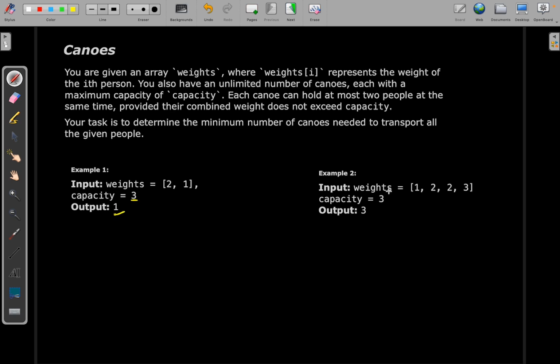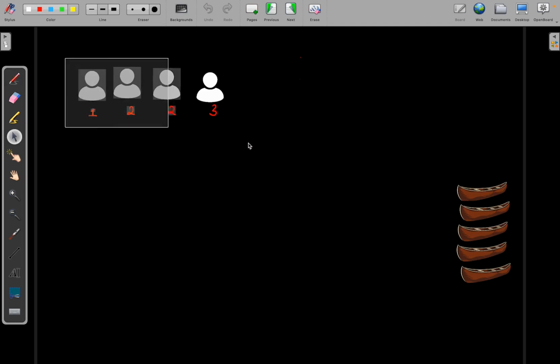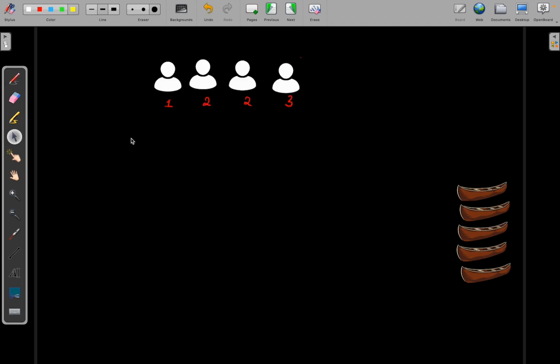So let's understand it a bit more clearly. Here these are the weights of the persons: 1, 2, 2, 3. And I need to find the number of canoes. These are canoes, this is the basic structure. I will take one canoe and place one person here.